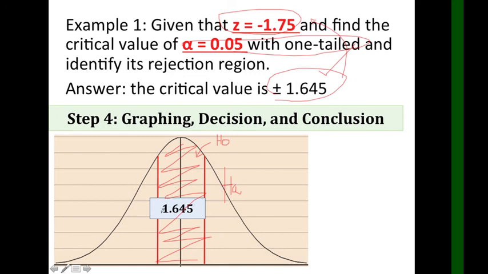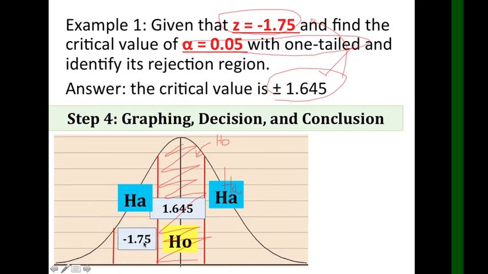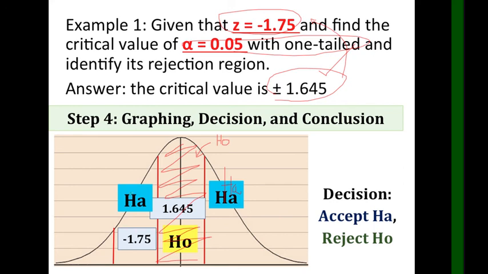Lalagpas ba siya ng positive negative 1.645? Correct. Nandito siya, ayan siya, negative 1.75. Ibig sabihin, lumagpas siya. Kung lumagpas siya, we will accept HA. That's why the decision will be accept HA and reject HO.